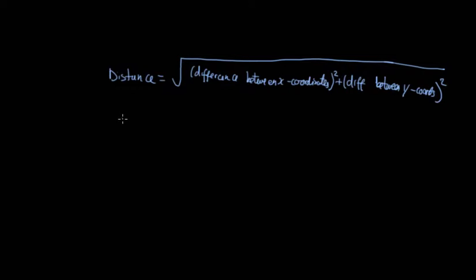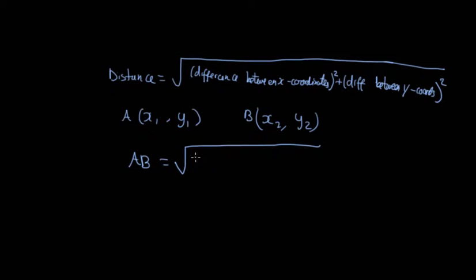Say we have point A as (x1, y1) and point B as (x2, y2). The distance between AB can be thought of as the square root of (x2 minus x1) squared plus (y2 minus y1) squared. Now, an important note: make sure you don't mix up the order in which you put down your coordinates.